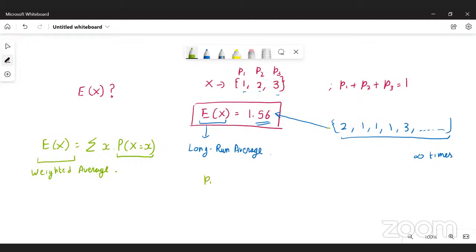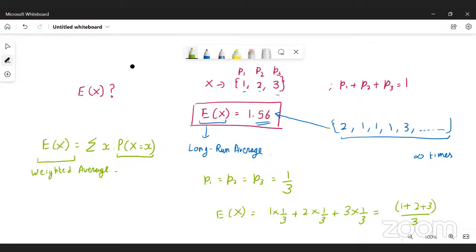Let's say my P1, P2, and P3 are all the same, so they will all be equal to 1/3, right? In that case, your expected value would be simply the mean of the 3, right? 1 times 1/3 plus 2 times 1/3 plus 3 times 1/3, which is nothing but (1 plus 2 plus 3)/3. This is simply the mean, right?